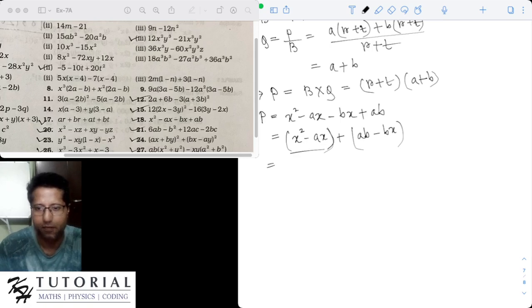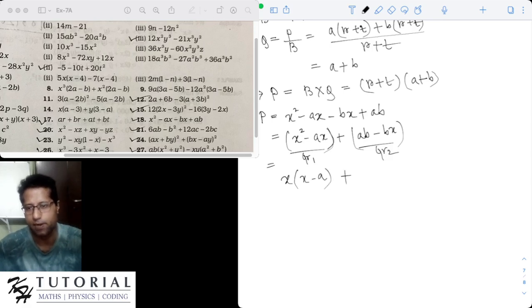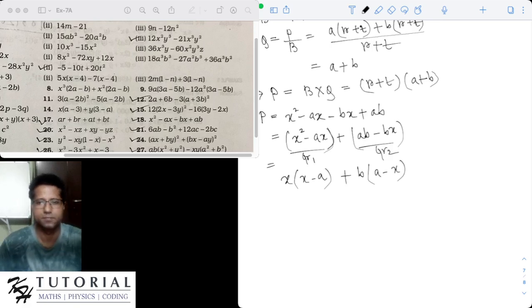From this part we have formed two groups. This is group 1 and this is group 2. From group 1, if I take out x as a common factor, I get x into x minus a, and from the second group, if I take b as the common factor, I get b into a minus x.